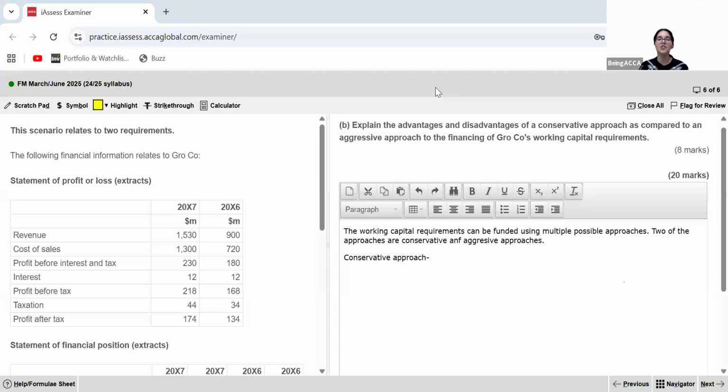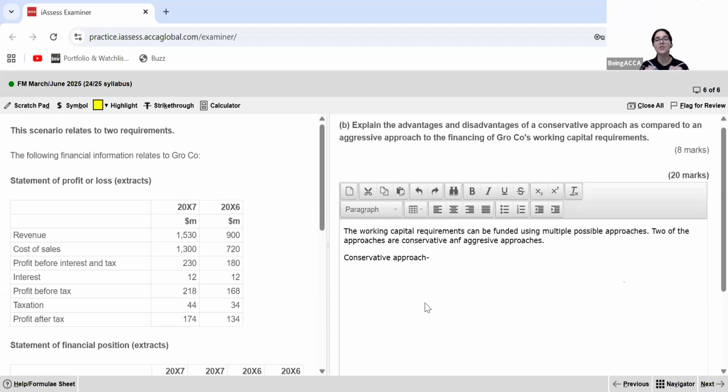But the other ones which I keep with myself for a very long period of time, like buffer stock, like any precautionary cash that I'm holding, those assets are considered the permanent current assets because they stay with me for a longer duration of time. So because we have two different categories of these assets, one approach will use more of one type of asset depending upon the approach. If it is a conservative approach, conservative we call someone who does not like to take a lot of risk.